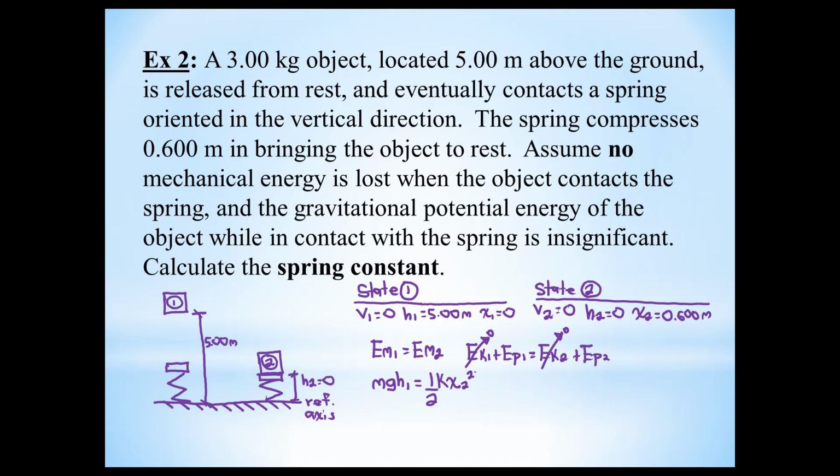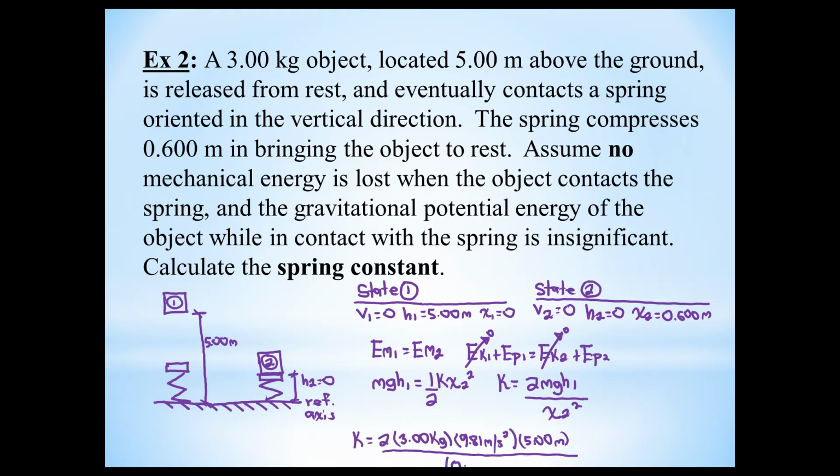Okay, let's get the spring constant isolated because that's the thing we're solving for. So k would then be 2mgh1 divided by x2 squared. And then I would get k is equal to 2 times the mass, which is 3.00 kilograms, times 9.81 meters per second squared, multiplied by height 1, which is 5.00 meters, divided all by x2 squared.